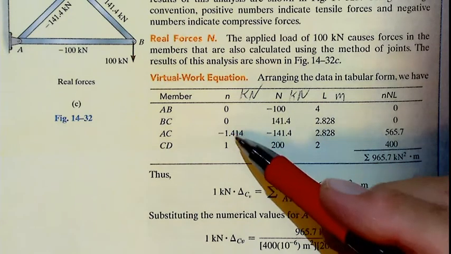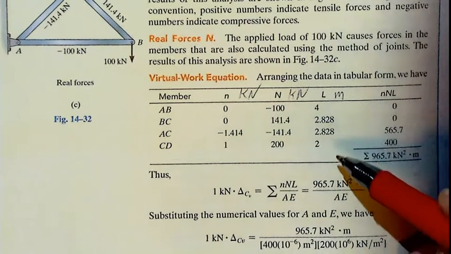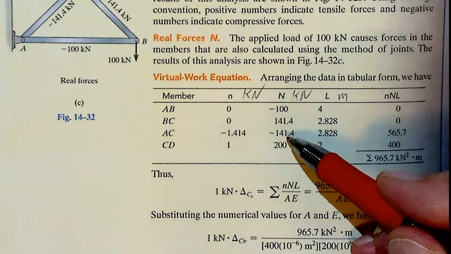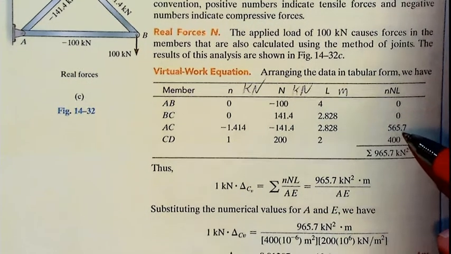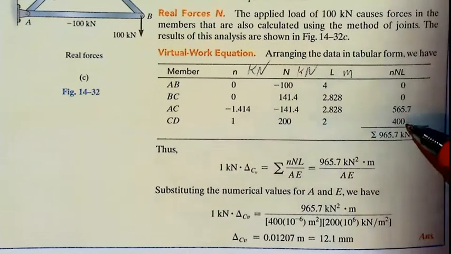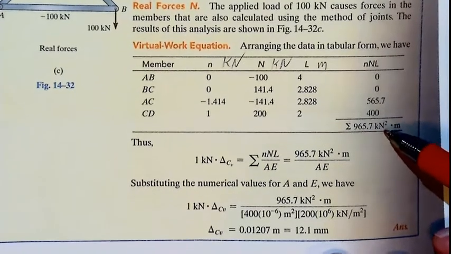Because 141 times 141 will be 200, and then 200 times 282 will be 565.7. Here 1 times 200 times 2 equals 400. Summation equals 965.7.